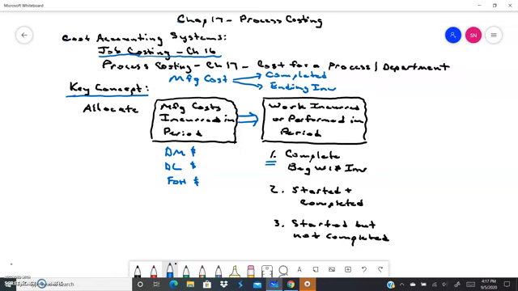The second group is how much work we spent on units in the department that we started and completed and transferred out. The combination of these two is what's basically completed and transferred out.